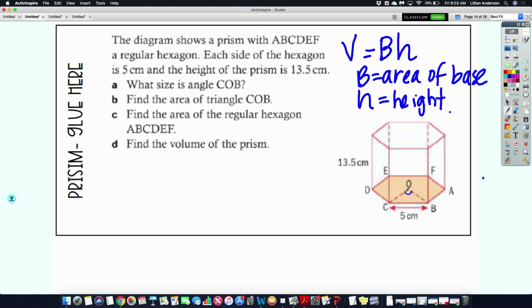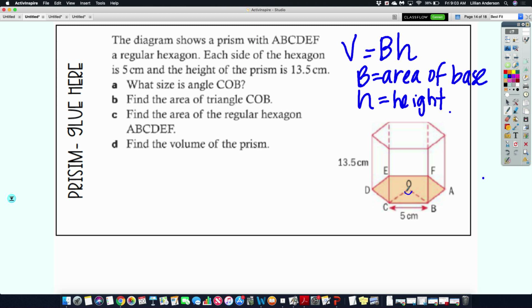Now, in a regular hexagon, all of the angles are equal and all the sides are equal, which means we can figure out what angle COB is knowing the fact that all the angles are equal. Geometry throwback.